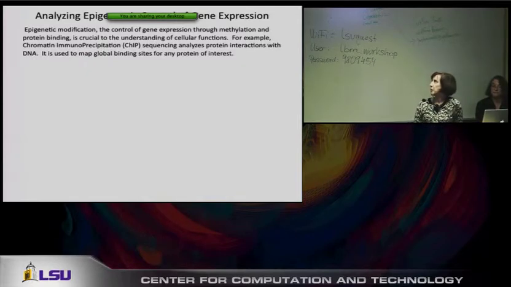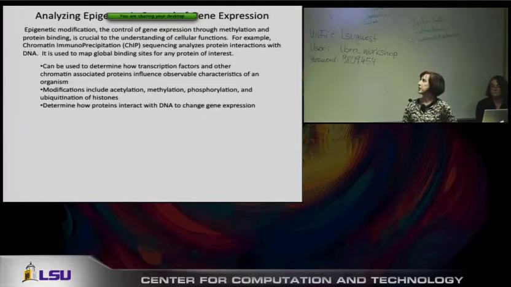We also do epigenetic sequencing. Epigenetic modification is the control of gene expression through methylation and protein binding, and it's crucial to the understanding of cellular functions. So, for example, chromatin immunoprecipitation sequencing analyzes protein interactions with the DNA. It is used to map global binding sites for any protein of interest.